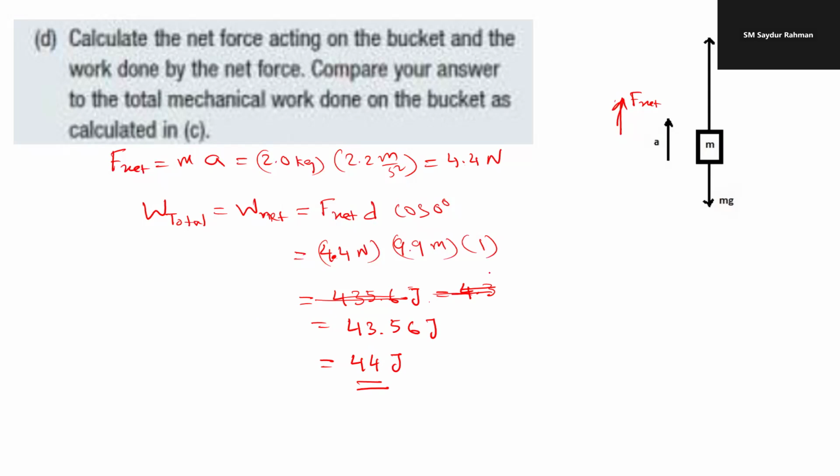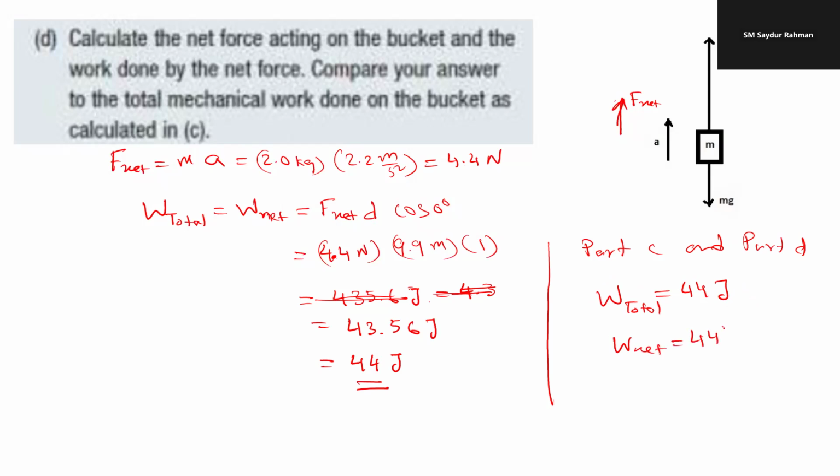If you compare part C and part D, total work done in part C was 44 joules, and in part D, W net is 44 joules.